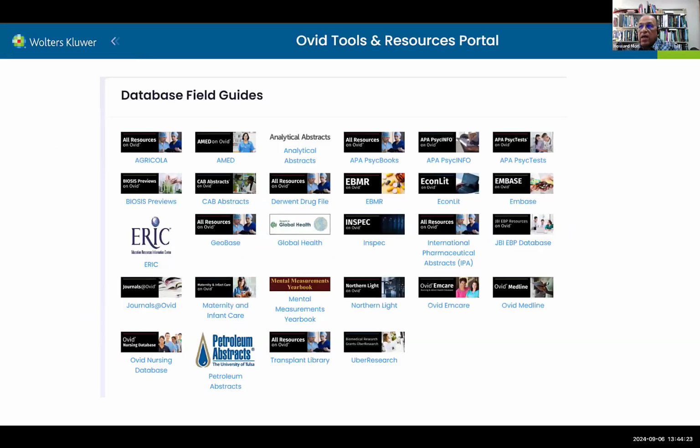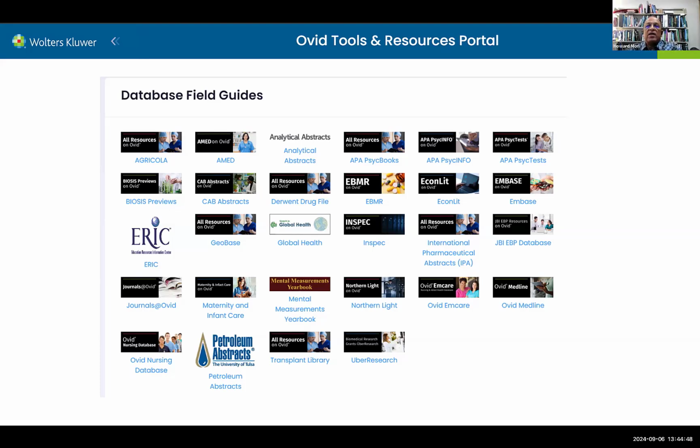One critical thing when you're putting together such strategies is to know what database fields are available on different databases. Yes, we know that more likely than not, you're going to have an author field and a title field on every database.